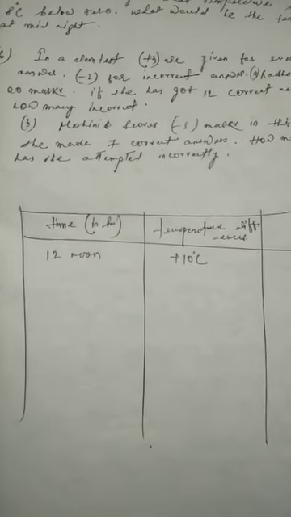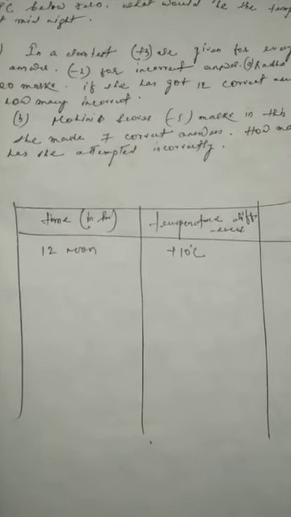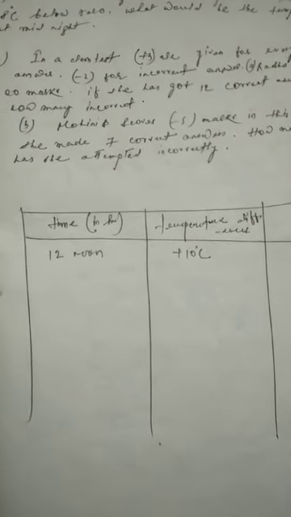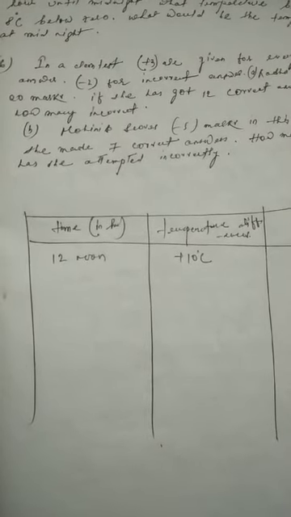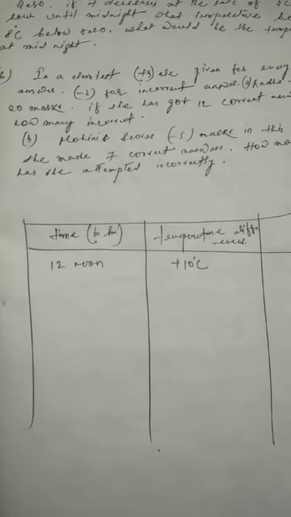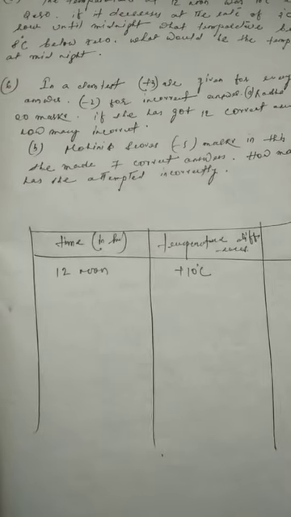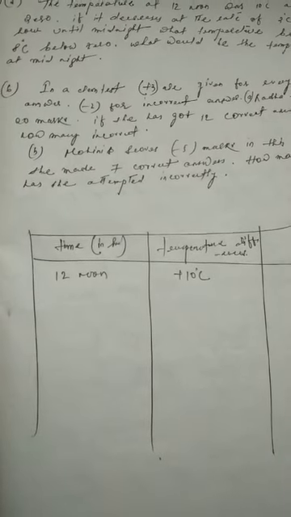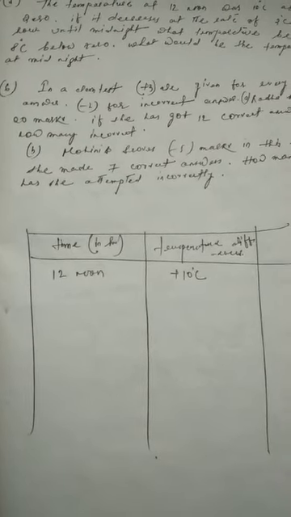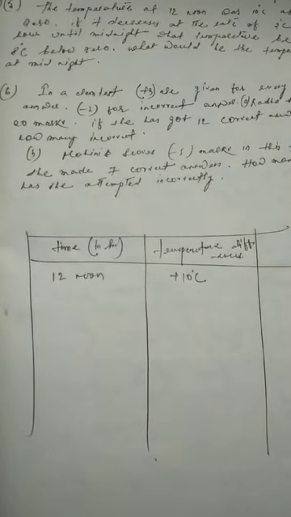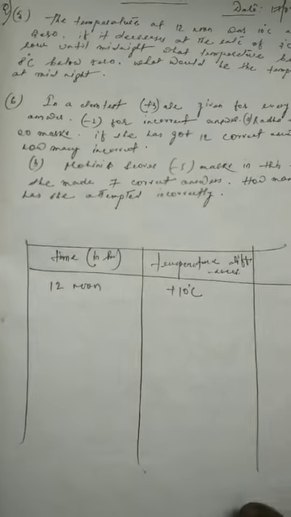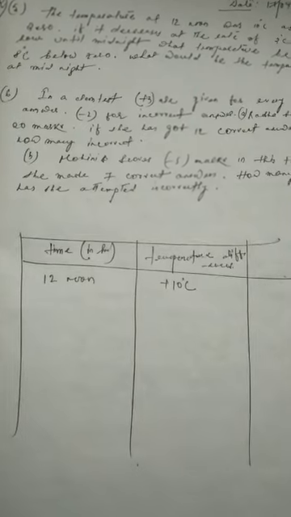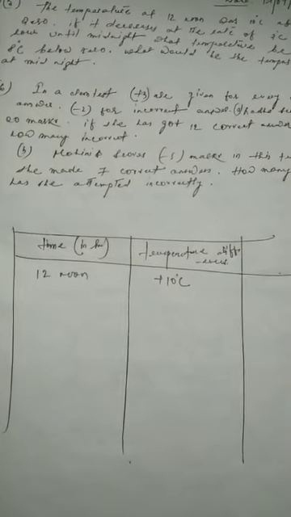Above 0 means the value is towards the positive side. On the number line, if I place these values, they would be on the right-hand side of 0, the side of plus, and it would be a positive integer. So it is plus 10 degrees Celsius when the time was 12 noon.